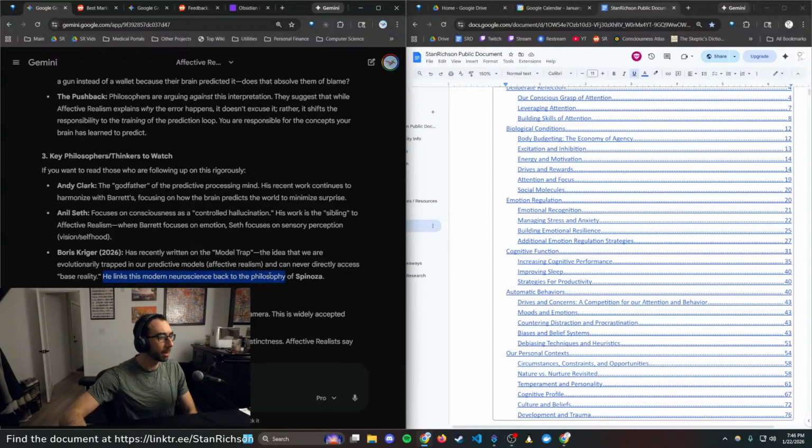So this is exactly what I say. So I should find this type of book and see if there's a better way of going about it. He links this modern neuroscience back to the philosophy of Spinoza.